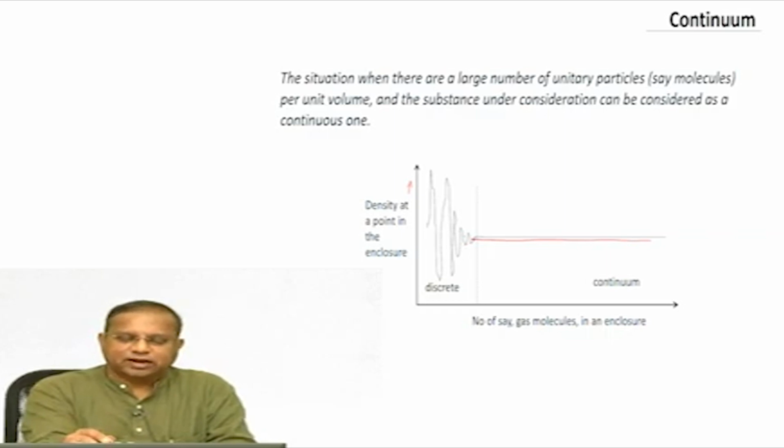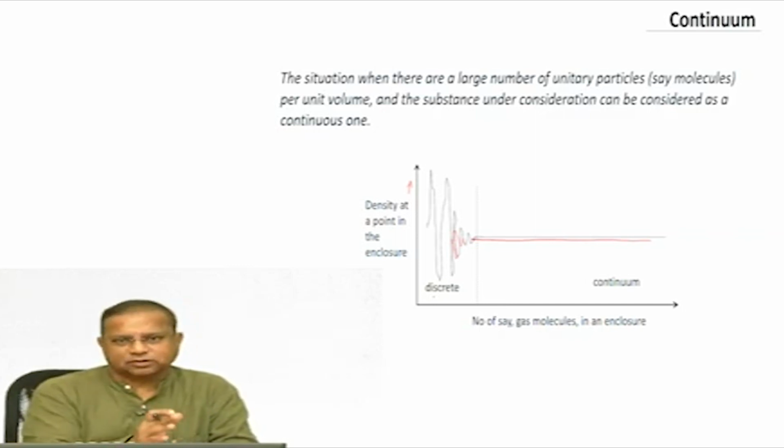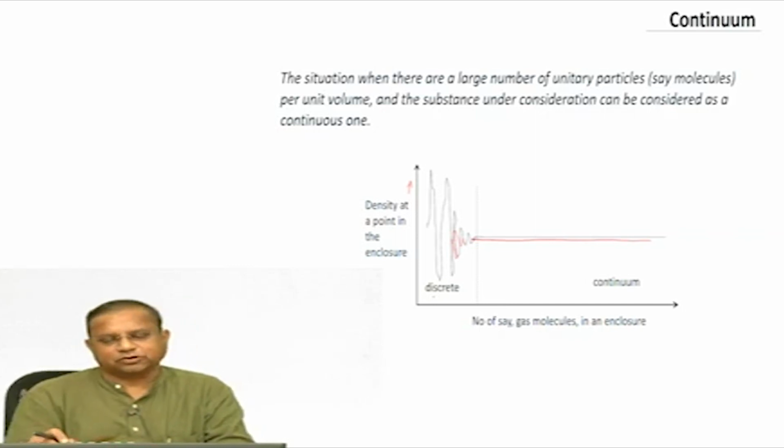Therefore, the density at the point is going to vary significantly, and the variation is going to go up and up as you reduce the number of molecules more and more in the enclosure, less and less number of molecules in the enclosure.